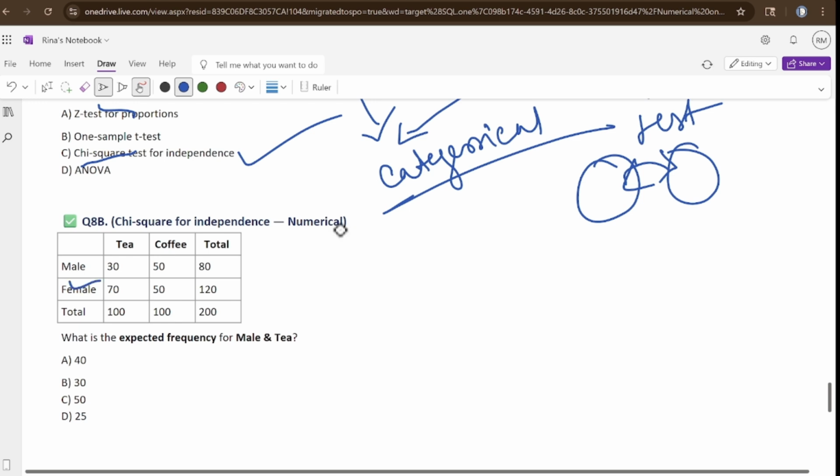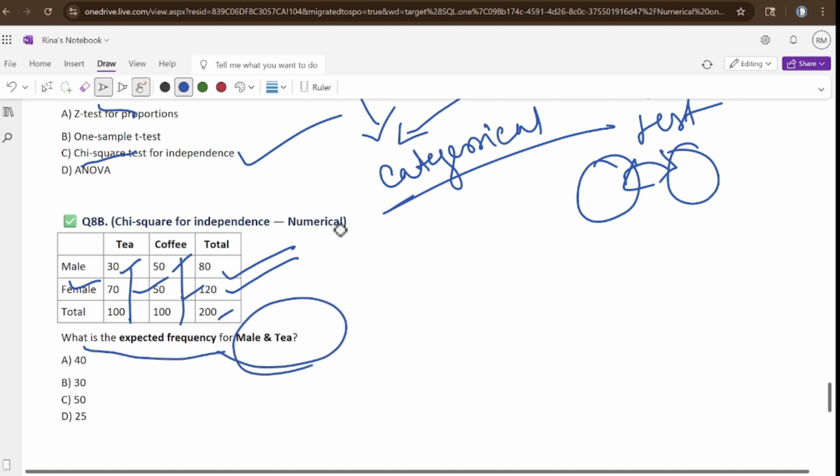See, male tea prefer 30, coffee prefer 50, so total 80. Female 70, 50, total 120. Now 100 people prefer tea, 100 people prefer coffee, total 200. What is the expected frequency for male and tea? See, this is the formula.